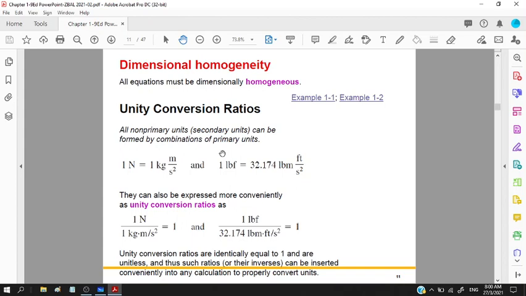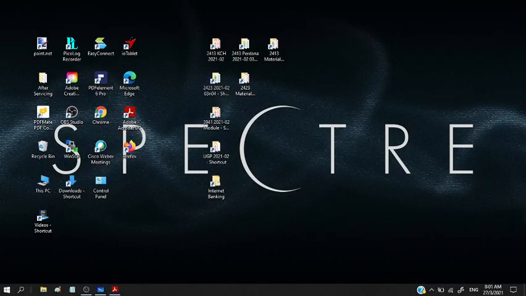Okay, so for example, if you want to add up certain figures or numbers, we must make sure that we have homogeneity of the unit. For example, we can look in terms of the unit for energy. You know that the energy consists of three main elements. One is the internal energy, and then we have the kinetic energy, and we have the potential energy.